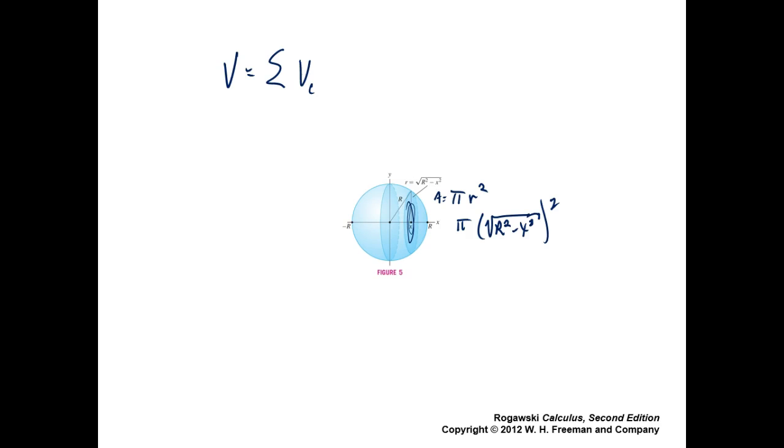What happens when you square a square root? That'll be pi times capital R squared minus x squared. So there's your area of that circular disc. What's the thickness of it? dx, right? Because you chose your delta x's along the x-axis there.